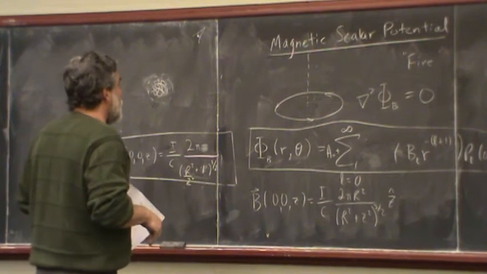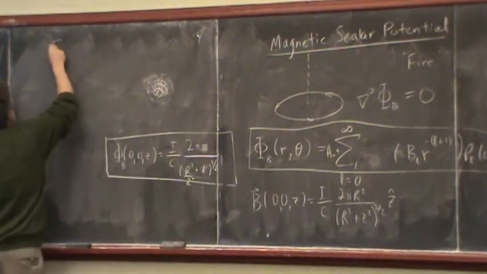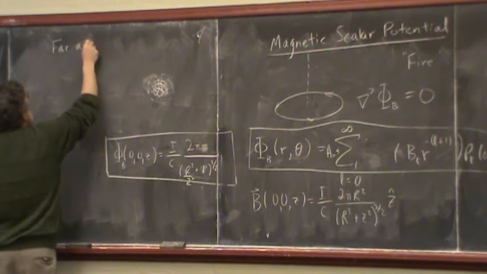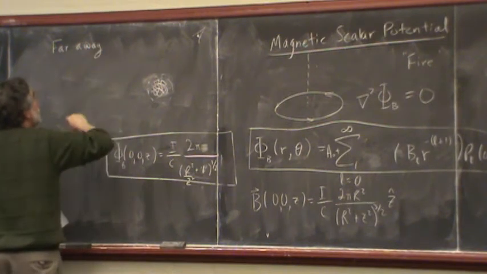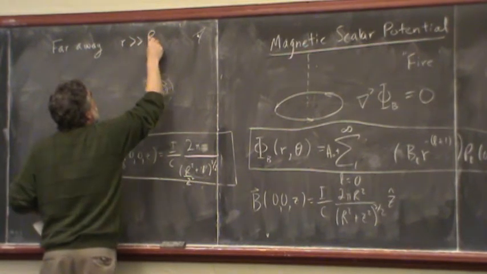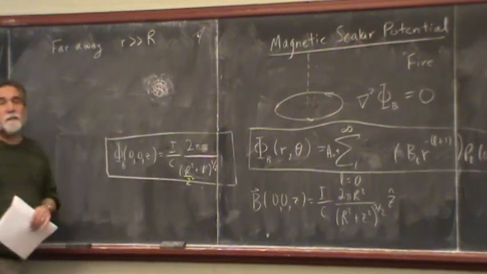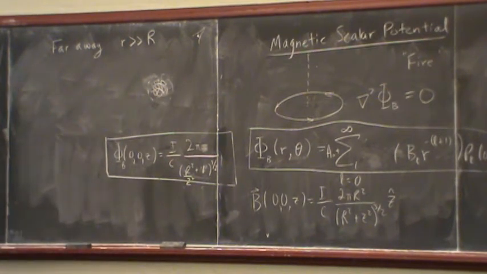So if we get sufficiently far away, so that definitely the distance away is much, much greater than the size of the current distribution, right? Then we can express the magnetic field as being the field due to a whole series of potential poles, right?